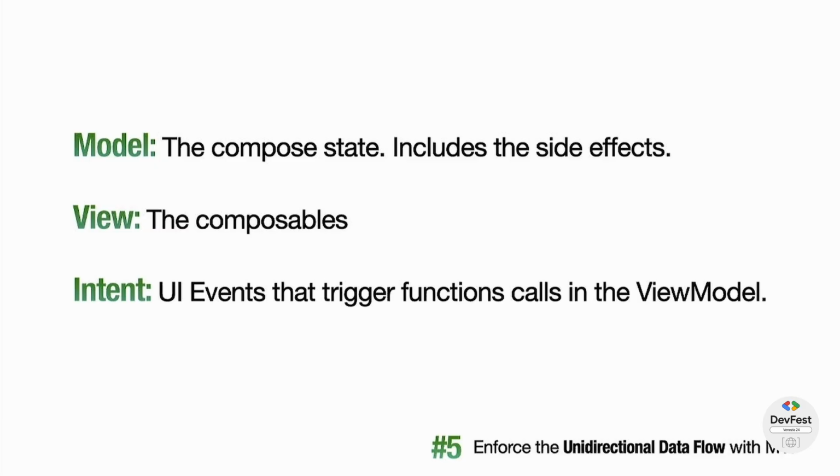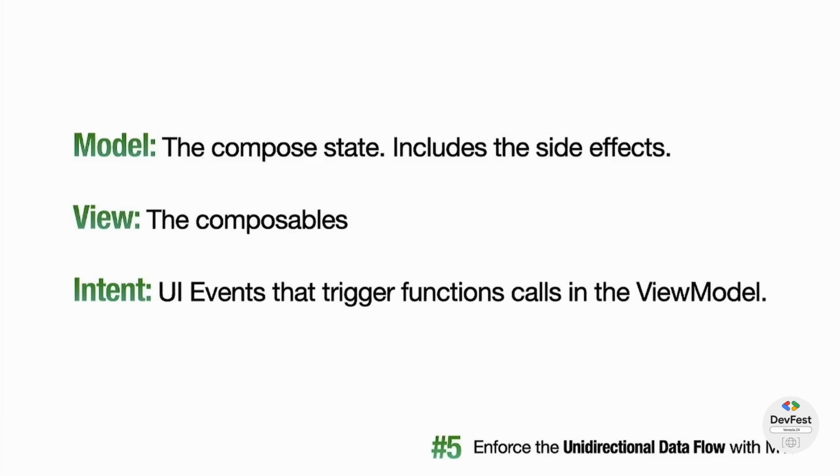This includes the side effects, and this is a very large ongoing conversation and discussion that involved people from JetBrains and Google, because regarding flows, people usually use channels for events or effects, or shared flows, but there are limitations. So I will maybe briefly talk about that and why I decided to follow Google's recommendation, which is to include the effects inside the state.